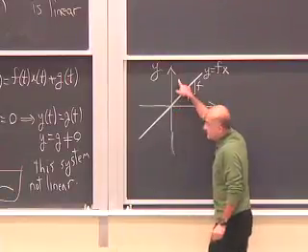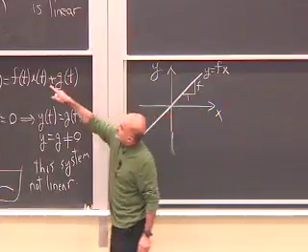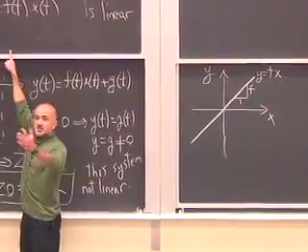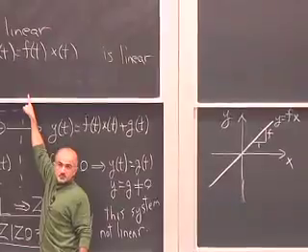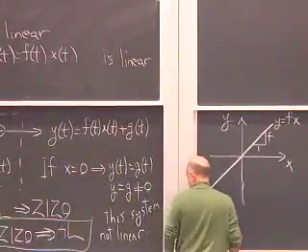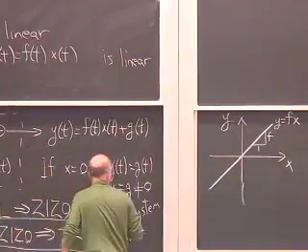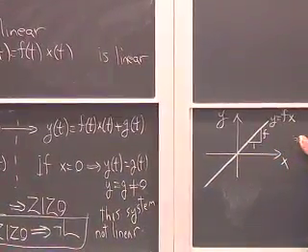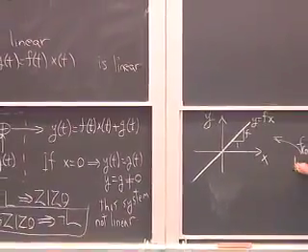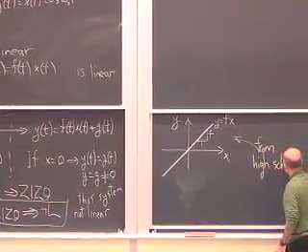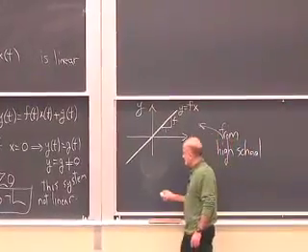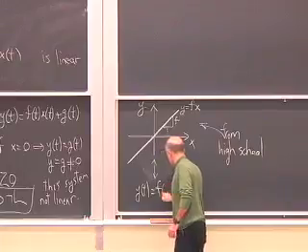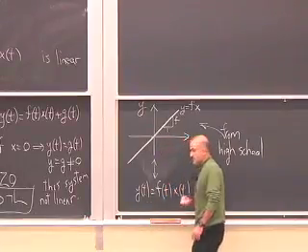This would be the analog of this system here, except now we've generalized it to functions of time. So this is the counterpart, from high school, of y of t equals f of t, x of t.